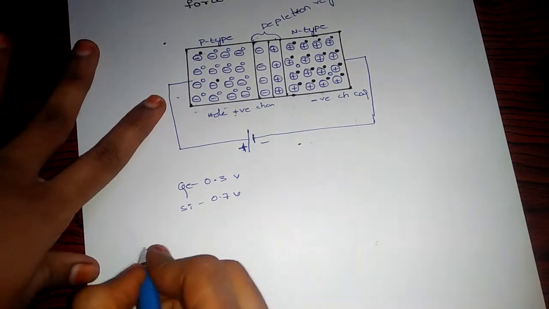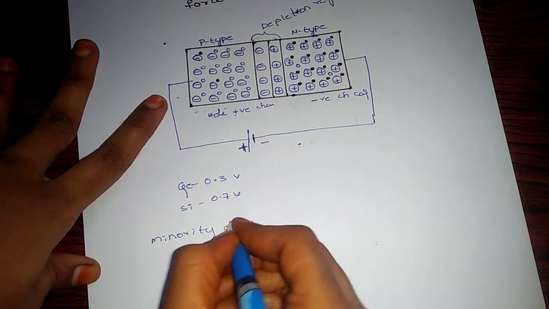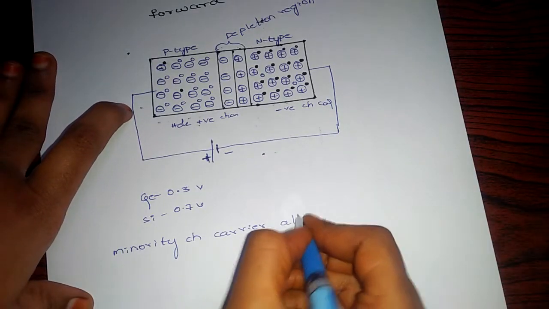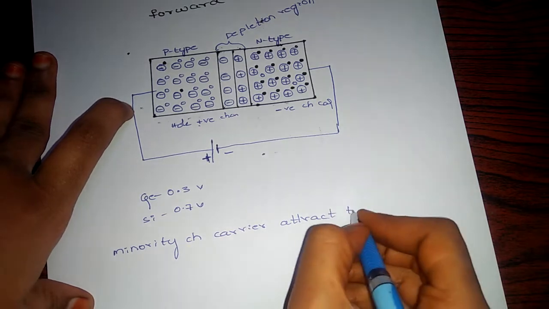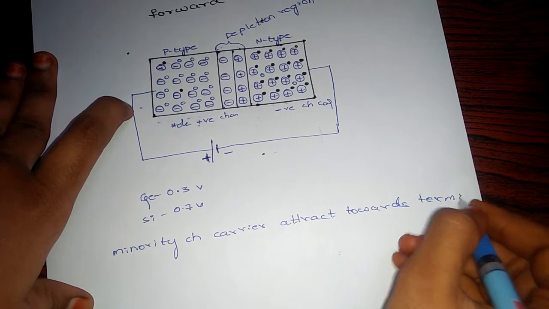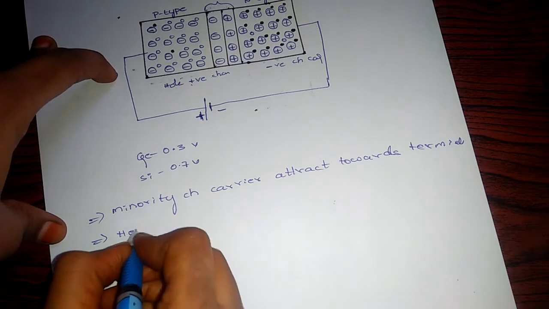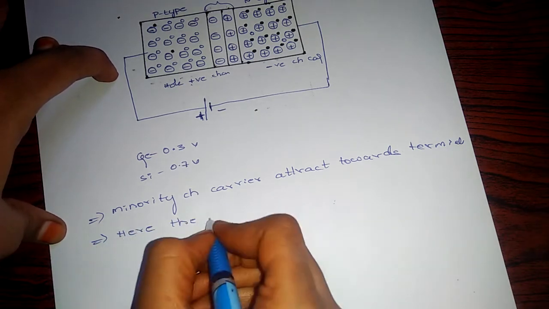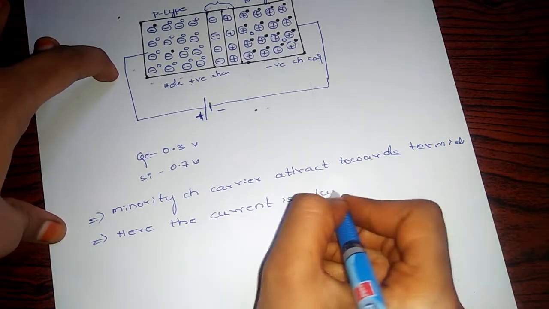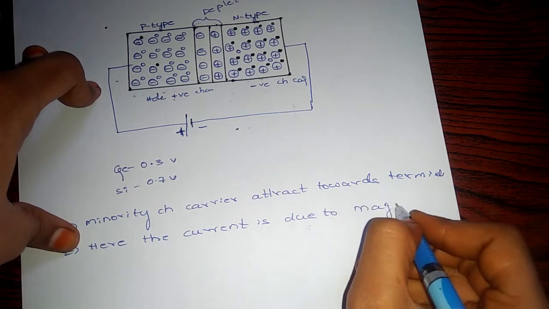So the minority charge carriers are attracted towards the terminals. Here the current is due to majority charge carriers only.